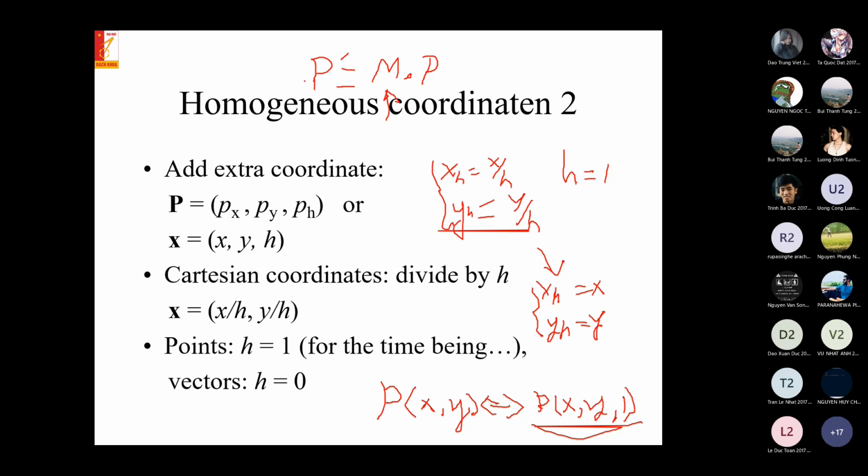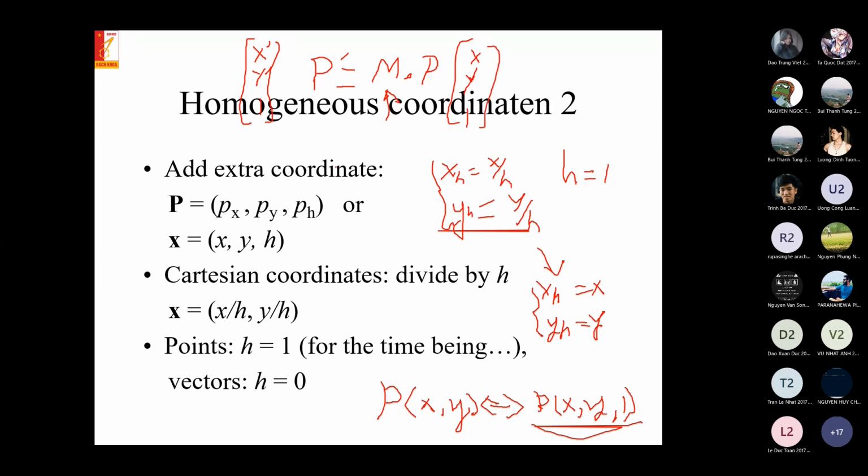And we have this one, which has the form of s, 1, and this one has the form of x, y, and 1.